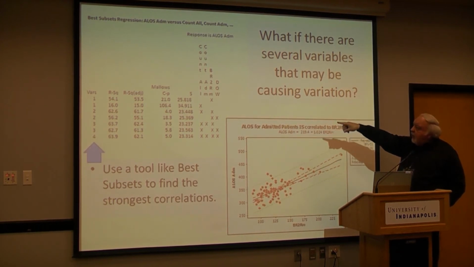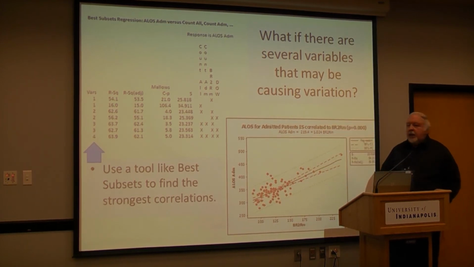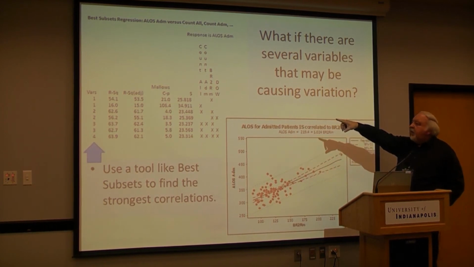The second one is the count of the patients admitted. The third one is the bed request to room on the inpatient floor. And the last one is day of week. And you can look through there, and it basically tells you the biggest factor is bed request to inpatient room, at 54%.